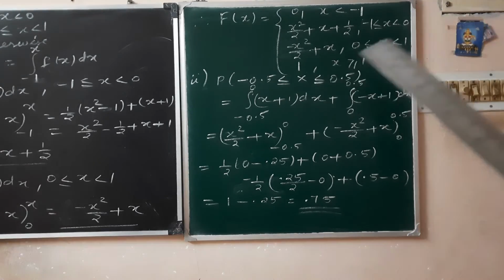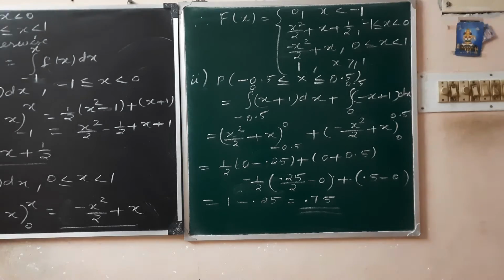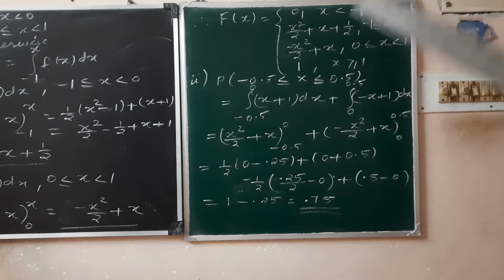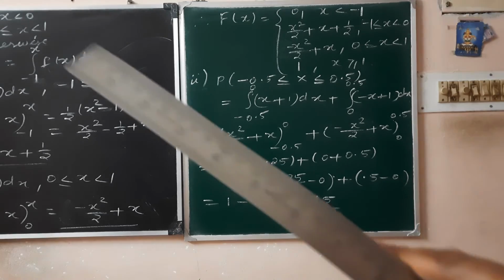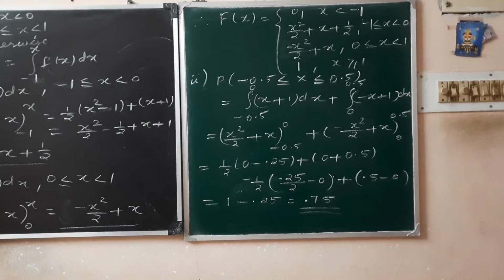In the interval 0 to 1, it is minus x square by 2 plus x. So x's maximum value is 1. So x greater than or equal to 1, capital Fx will be 1. So there are 4 parts to the definition. In a general definition there will be 3 parts. Here there are 4 parts because here small fx is also defined in 2 different ranges.